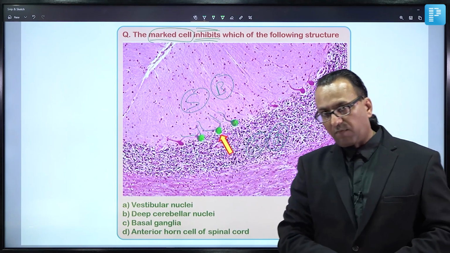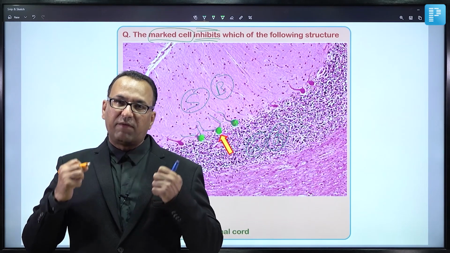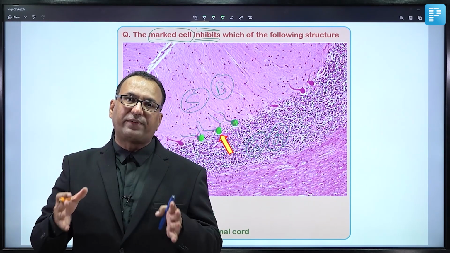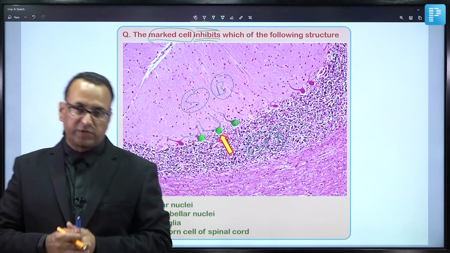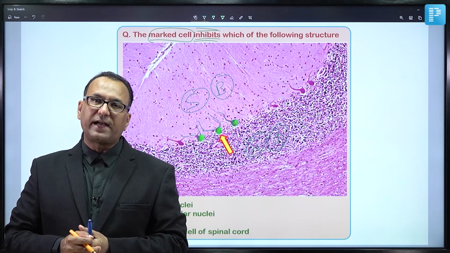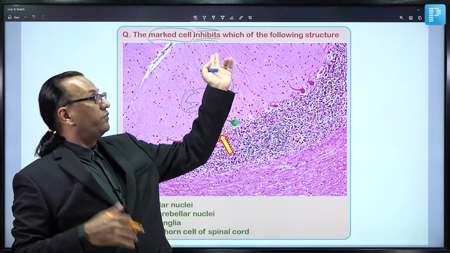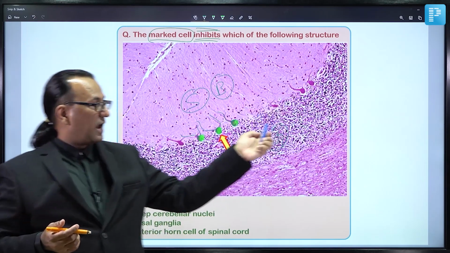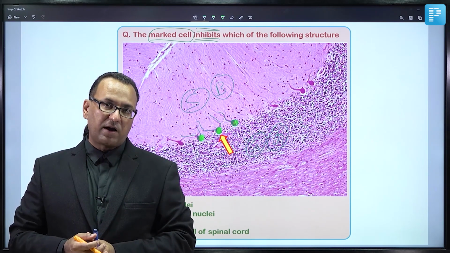A question will come: out of these 5 cells in the cerebellar cortex, which is the only cell having outgoing or efferent fibers? The answer is the Purkinje cell. The Purkinje cell is using GABA, gamma aminobutyric acid, so it is inhibitory. But then it is inhibitory to which target structure? It could be the dentate nucleus, the deep cerebellar nucleus.